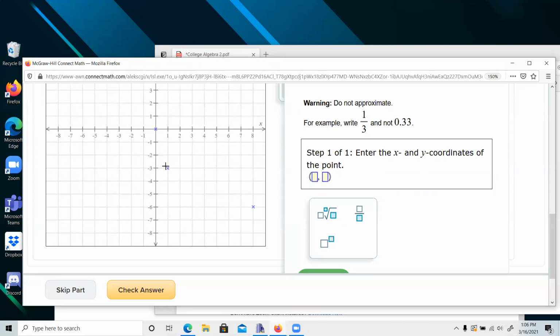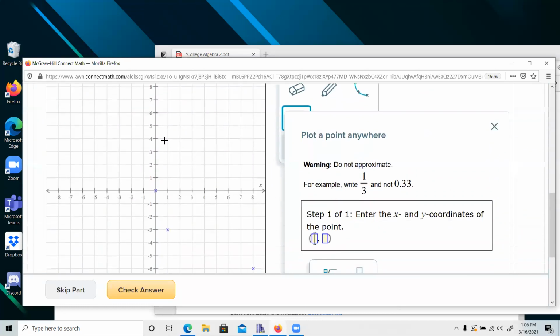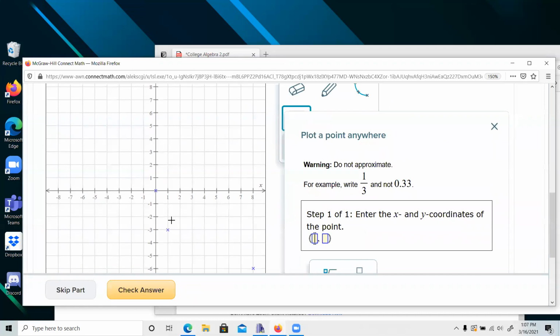Now, did you notice that this was an odd function? Since it's an odd function, we know that f of negative x is equal to negative f of x. So I picked 0, which, negative 0 isn't really a thing, but I picked 1 and 8. So over here we're going to be able to pick negative 1 and negative 8, and it's going to be the opposite of what it was over on this side.